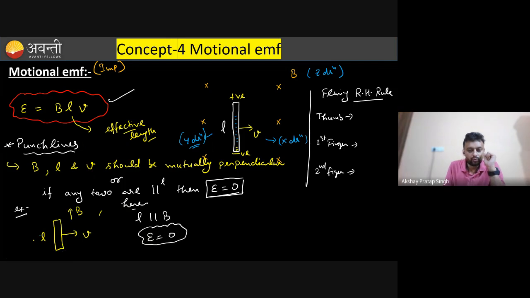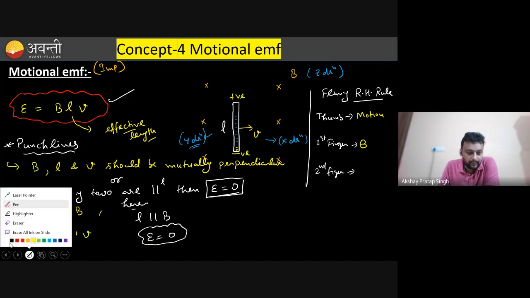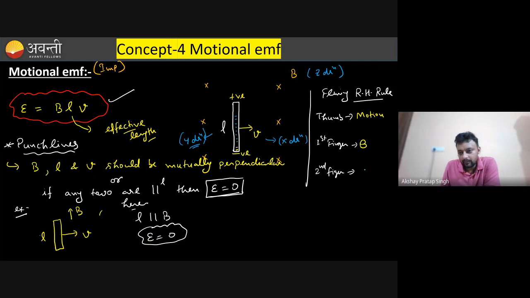Put the first finger in the direction of magnetic field, that is B. Thumb in the direction of motion. Then the second finger will give you the direction of the positive terminal, the positive end, or you can say high potential.